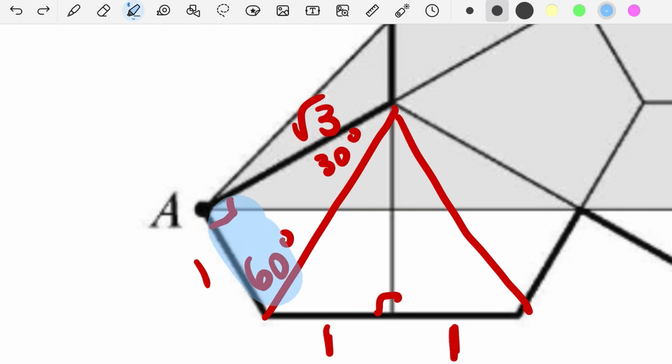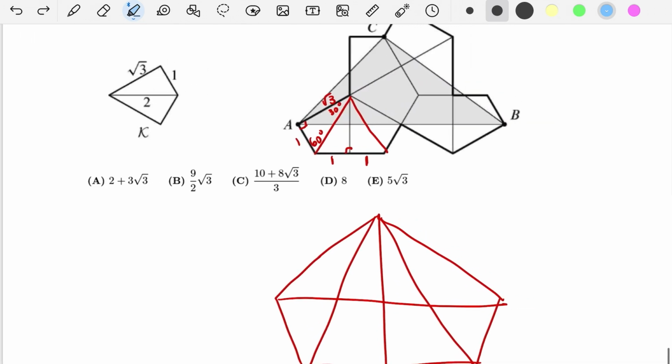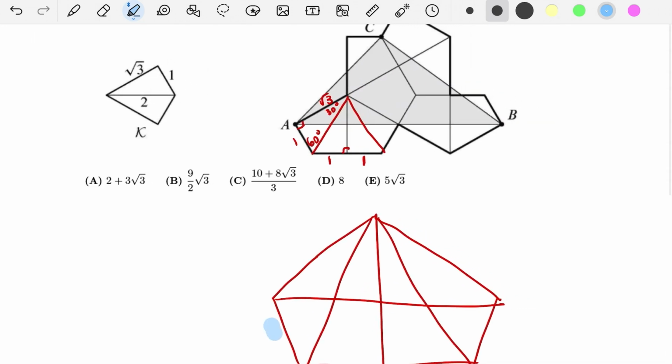So since this here is an equilateral triangle, and we know this length here is 1, this length is also 1, and this length is also 1. But since we said our equilateral triangle has side length 2, we know that this segment here has length 2 minus 1, or 1.